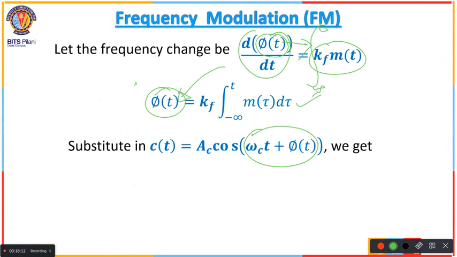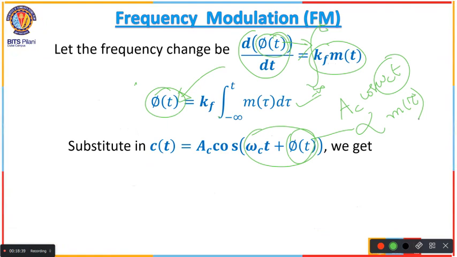Your angle modulation is nothing but the carrier which was unmodulated, where omega ct becomes omega ct plus phi of t. And this phi of t, I told you, is proportional to your message signal m of tau.